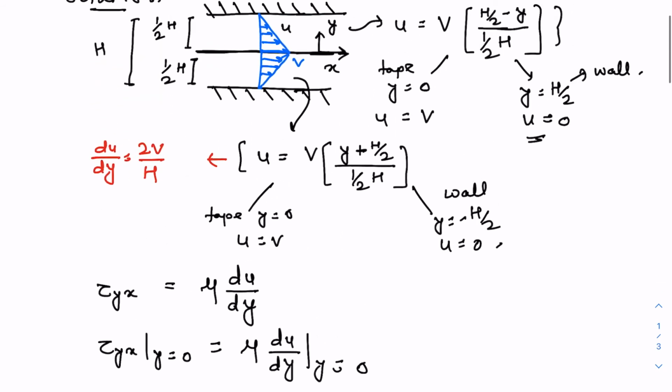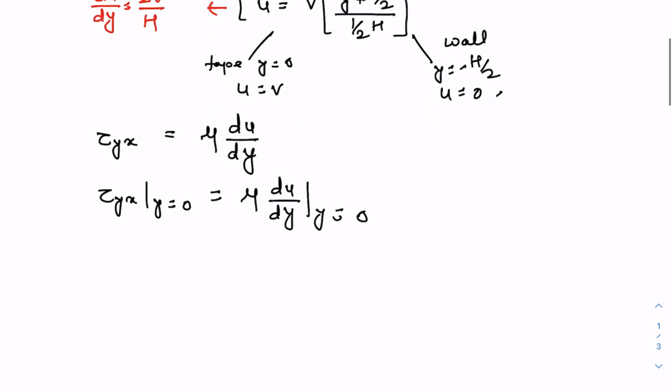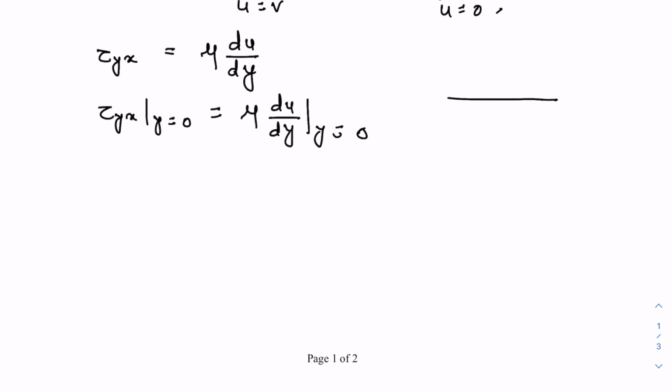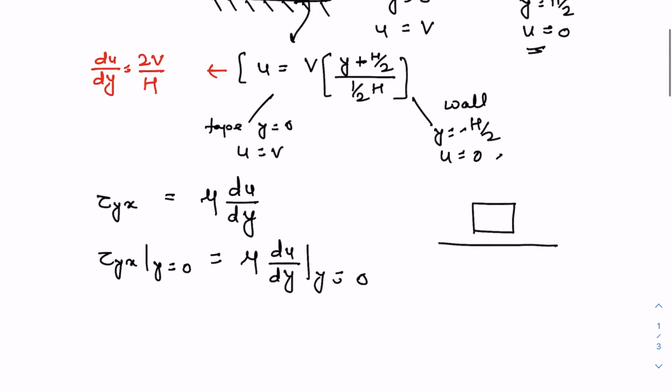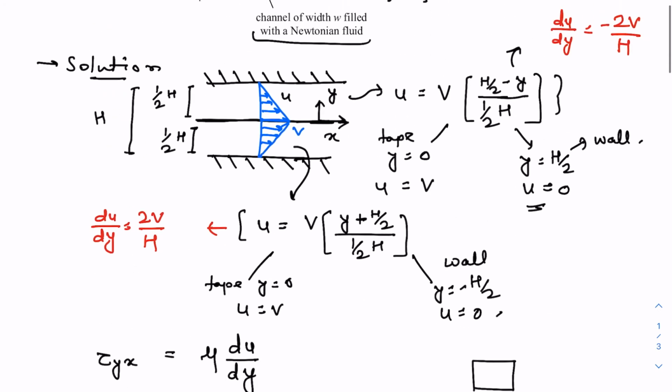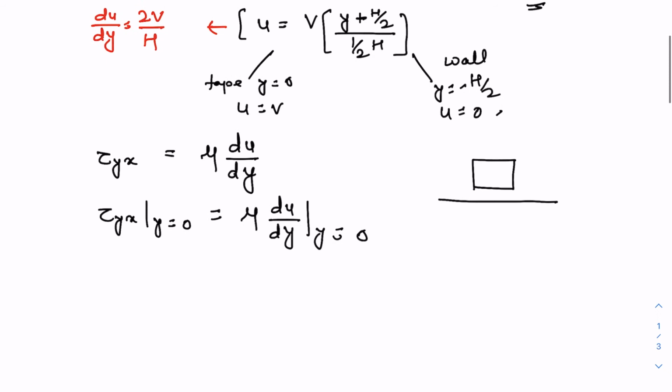And again, if you zoom in near the tape, what you will see is that this is the tape, this is a fluid element in the top channel, and the shear stress acting on this is like this.